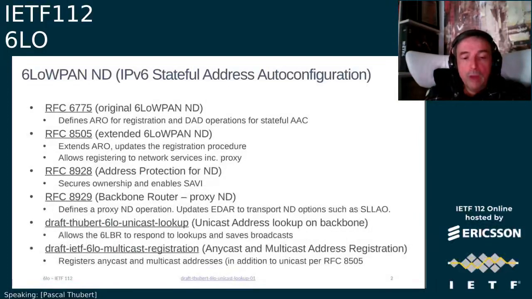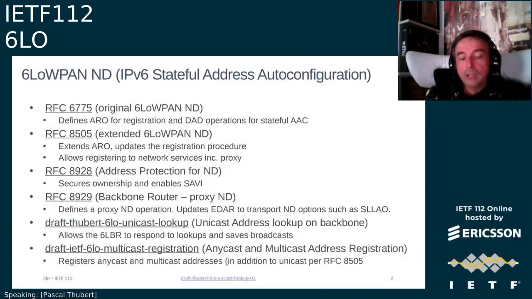Well, with the draft that we are talking about now, we are also enhancing the 6LBR as being a registrar that you can query for address lookup. And when that works, well, you have a very fast unicast exchange to get your address sorted out, your mapping sorted out.